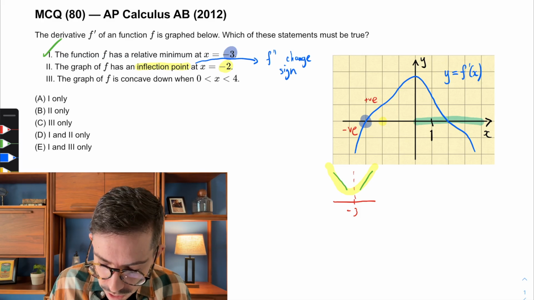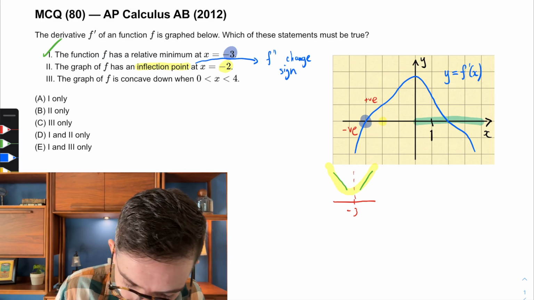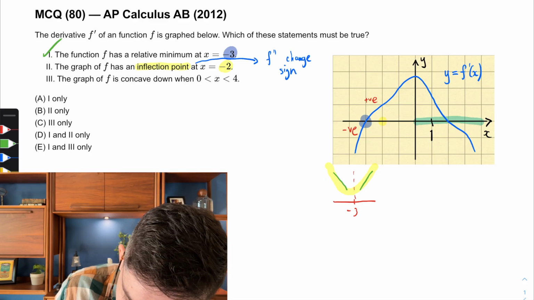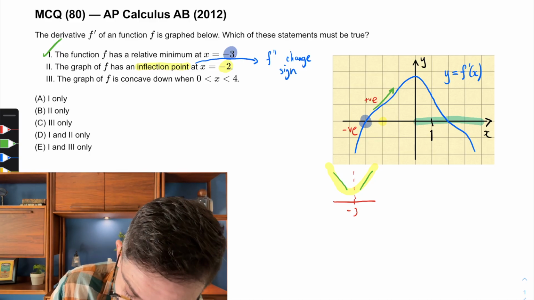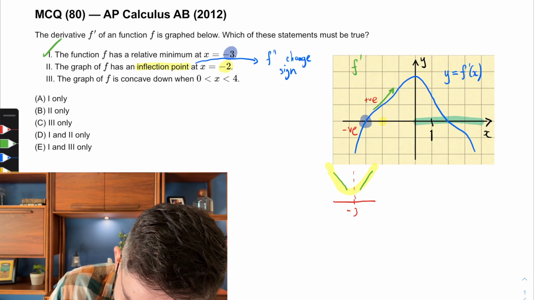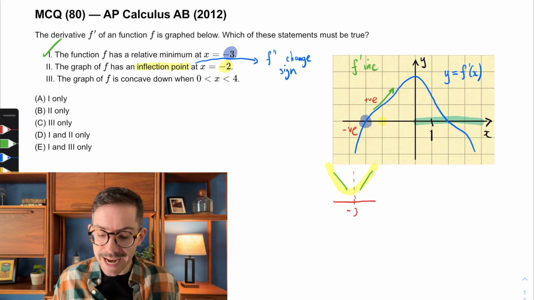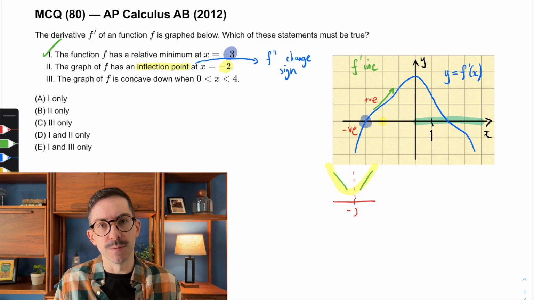Well, if we look at what's going on here in the graph, nearby x equals -2, f prime is increasing. f prime is increasing nearby x equals -2.